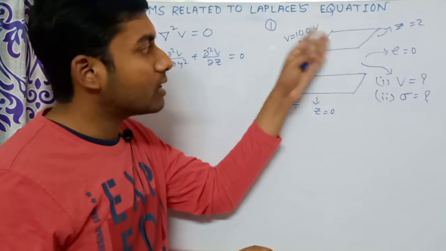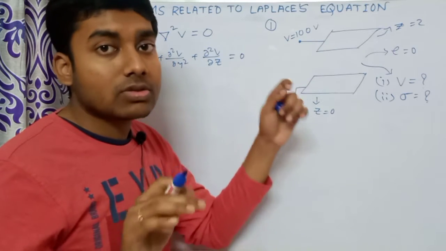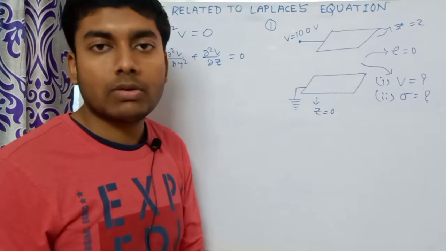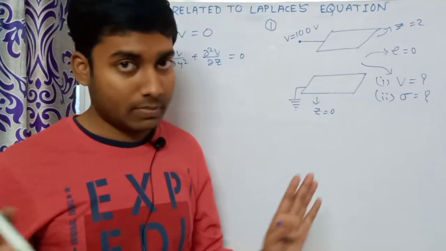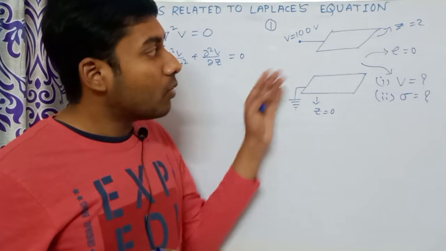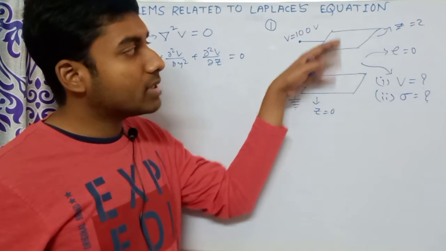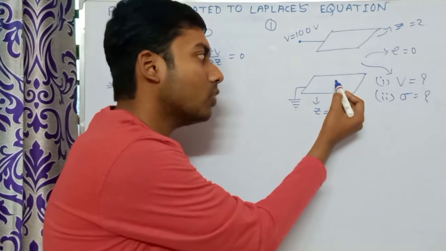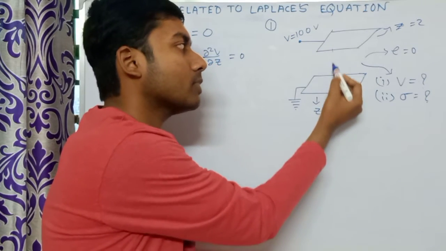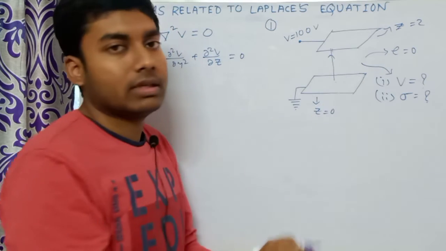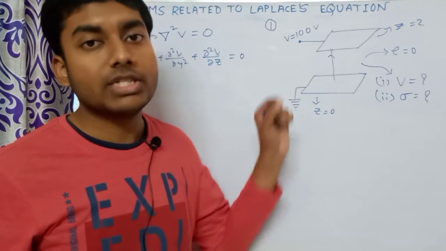Similarly for the other plane, the potential is not varying when we vary the x and y coordinate. But when we vary the z coordinate, that is when we go from here to here, in this path there must be a change in potential.